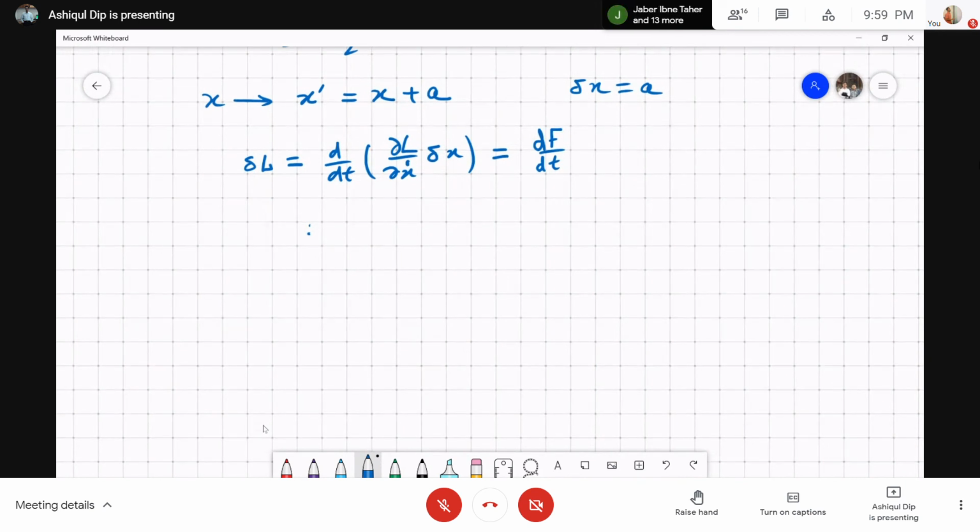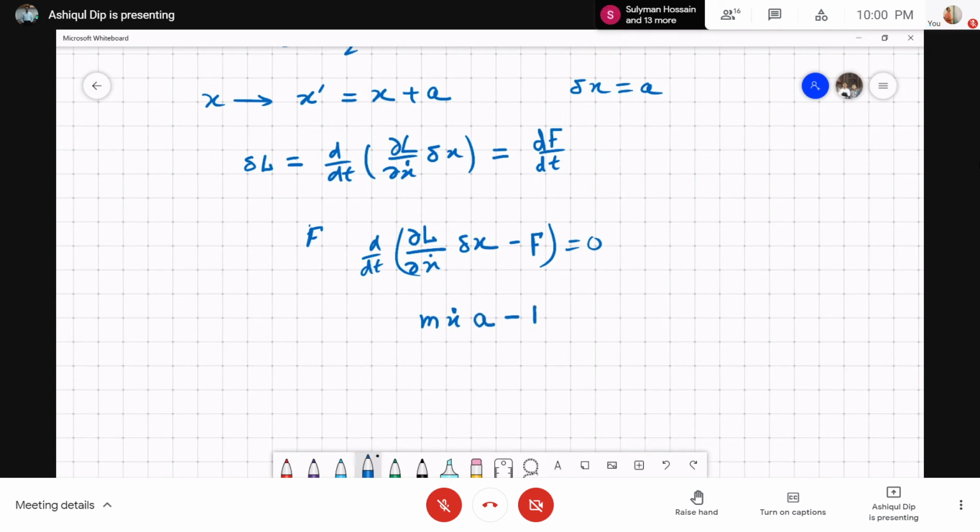So we want some f for which d/dt of delta L over delta x dot times the variation of x, minus f, equals 0. Substituting, we get m x dot times a, minus f. So for some f we want to satisfy this. That's the goal.